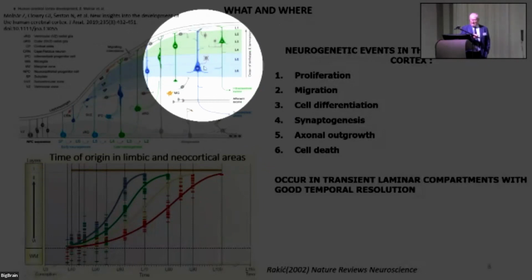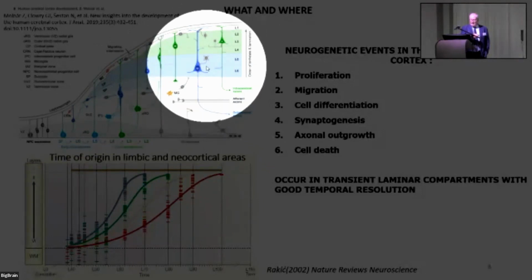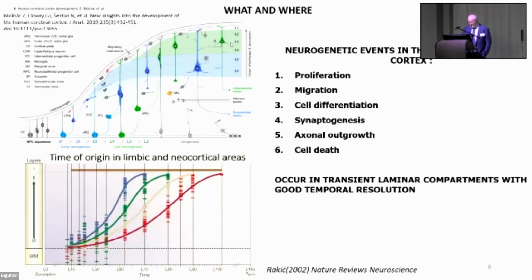Then we have the cortical plate, first with projection neurons and then with associative neurons. On the right are listed the neurogenetic processes: proliferation, migration, differentiation, synaptogenesis, axonal outgrowth, and cell death. That should be reconstructed in time and in space.